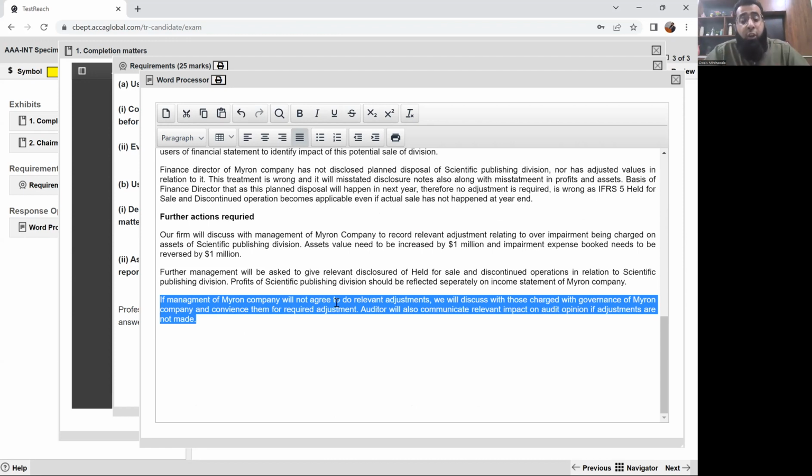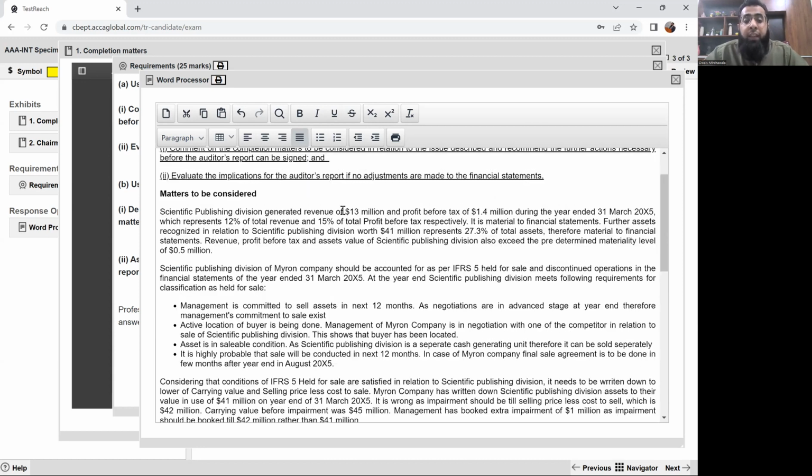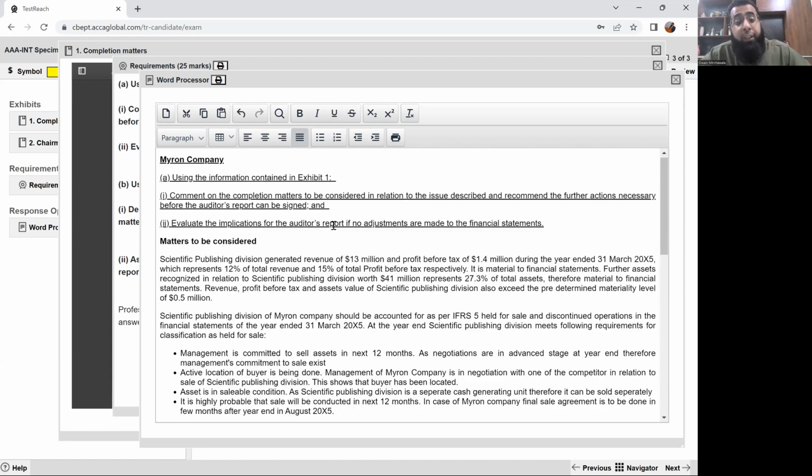We can write one more action also that we'll take the management representation letter in relation to it. But if you look at the requirements, we still have one thing that we have to evaluate, the implication on the auditor report. So obviously I will not miss out the complete second part, even though my marks are completed. I will write 2-3 points on auditor report also because it was asked separately.